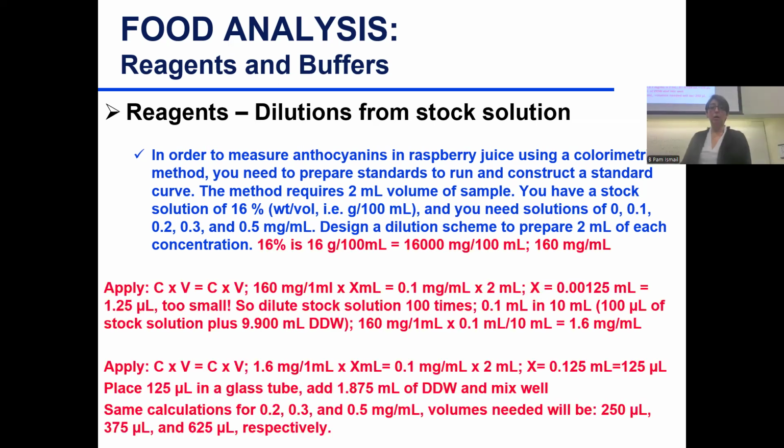And then I'll post this with the answers. But if you have those equations written down, you can just follow it that way if it's simpler for you. Okay. Good. Questions? Okay. All right.